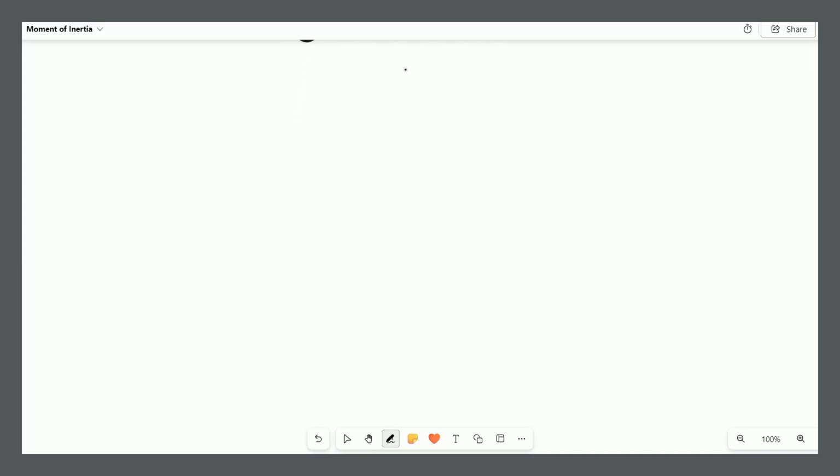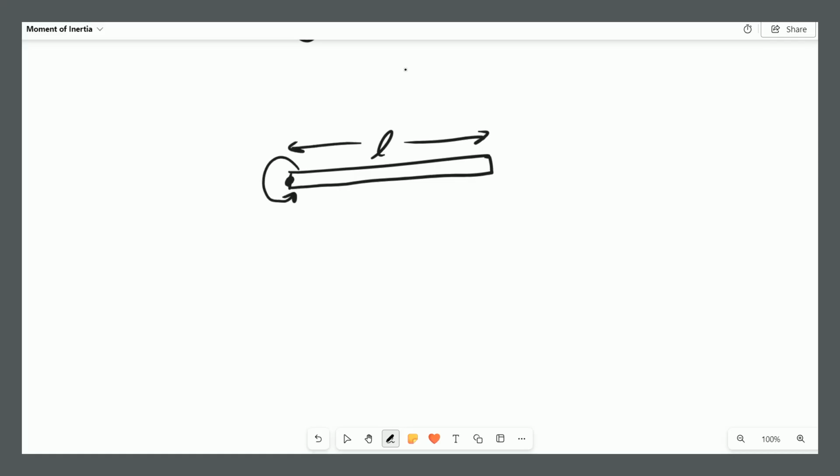So for example, let's say we have a rod, and let's say its length is L, and it's rotating around this point. And let's say its mass is capital M. What's going to be the moment of inertia for that entire rod?